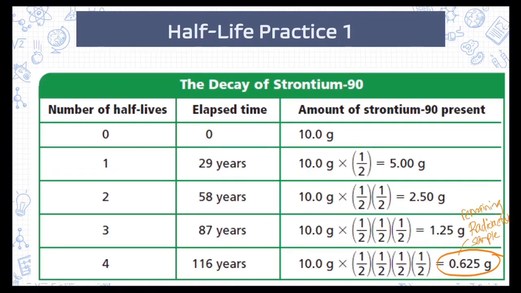Another question that could be asked is how much of the original sample, how much of the 10 grams, has stabilized? So think about how you would figure that out. After 4 half-lives, how much of the original sample has stabilized? The way you would figure that out is you could take 10 grams, the original sample, and subtract 0.625 from that number, and that would give you the amount of sample that has stabilized.